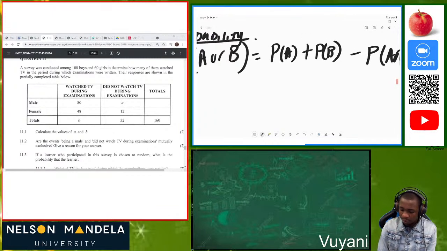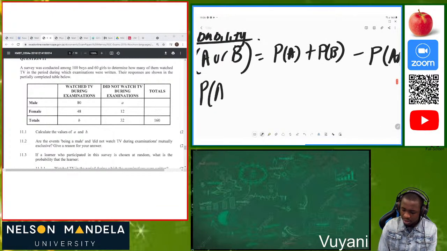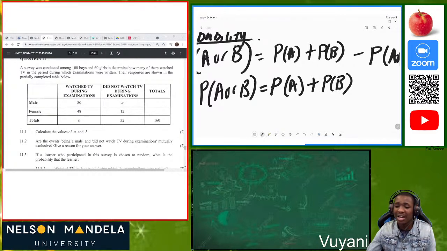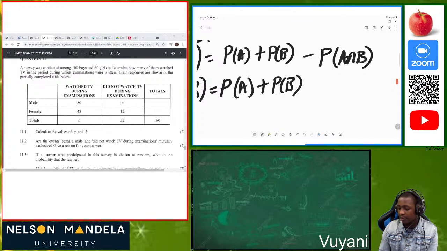The second one, we have P(A or B) of mutually exclusive. When you're talking of mutually exclusive events, which means those events cannot happen at the same time. In other words, they don't intersect. So if they don't intersect, which means the probability of A and B will be 0. So there's no use for us to say minus 0 because they don't intersect.